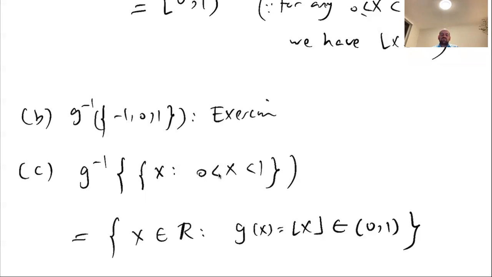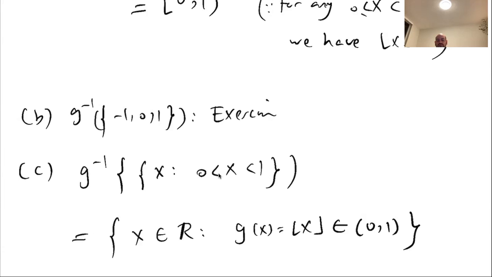Let's think about it. For example, 0. What is the output for 0? It's 0 itself. It's not inside this set because it's an open interval. 0.1, for example. What is the output for 0.1? The output for 0.1 is also 0, and again, 0 is not in this open interval. 0.6, again, the output is 0, it's not in here.